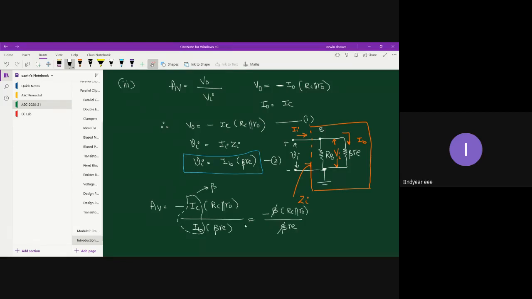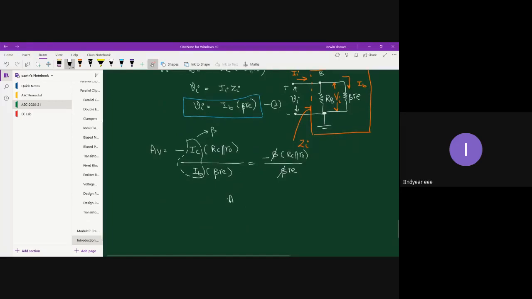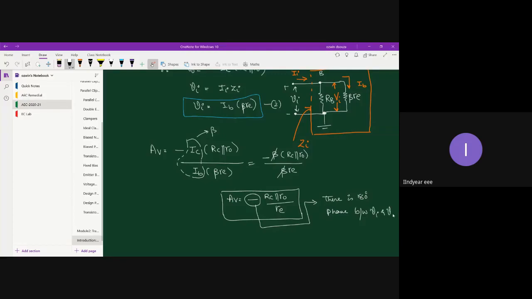Beta gets cancelled, hence you are left with AV equal to minus RC parallel with R0 divided by RE. So this is the expression for voltage gain. Remember, the negative sign indicates a 180-degree phase shift, as expected. In the very beginning I mentioned that the common emitter configuration always gives a 180-degree phase shift between VI and V0.